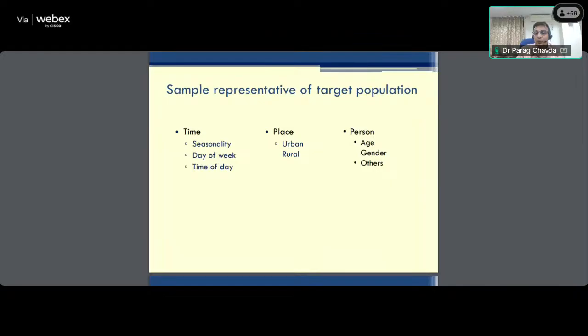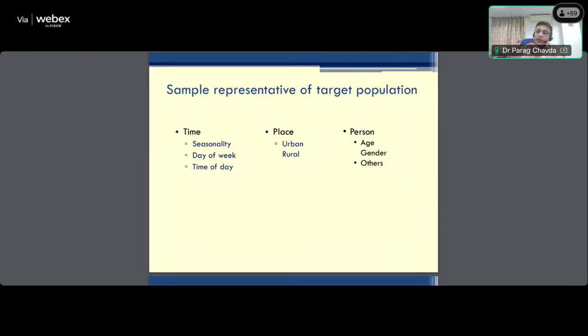So when we talk about the generalizability of study findings, especially in descriptive studies we need to think of things such as time, place, and person, right? So let's say when there is seasonality, if you are comparing malaria prevalence from four different papers which have reported malaria prevalence, you need to check when the study was done.